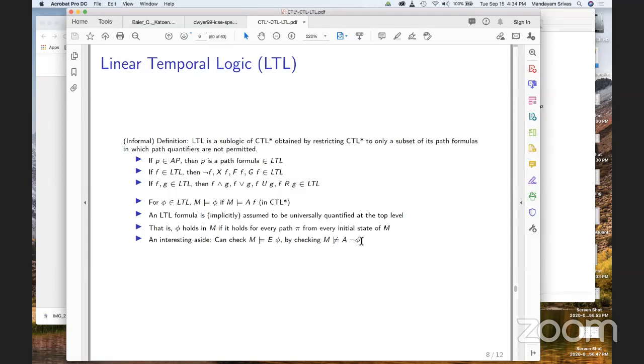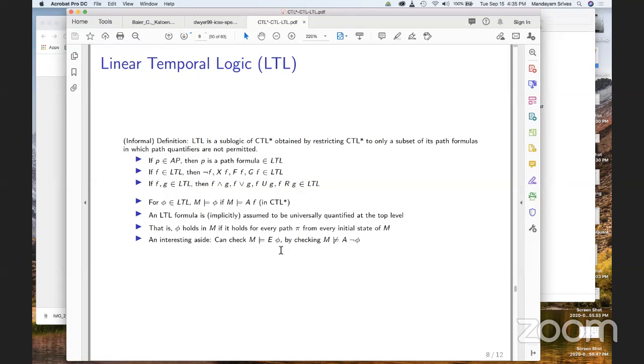There must be a path from some initial state for which not phi does not hold. Therefore, there must exist a path for which phi holds. So LTL model checking is really like putting a path quantifier at the topmost end. The rest is all just a path formula.